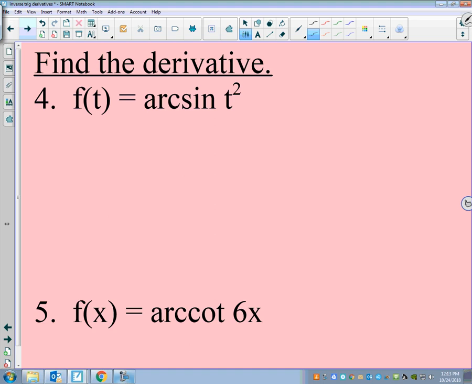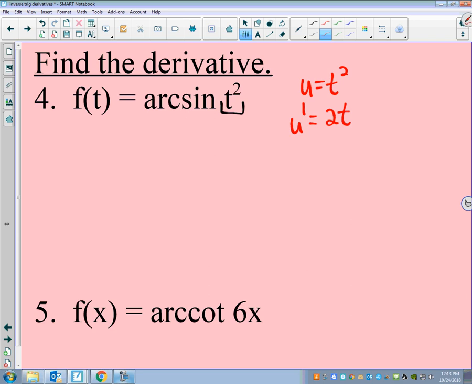So find the derivative of these. I'm going to do this with the u just to help you. The u is always what's here. So in this case, u would be t squared, so u prime would be 2t.